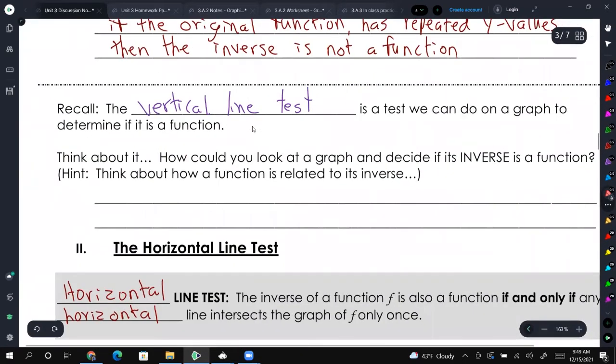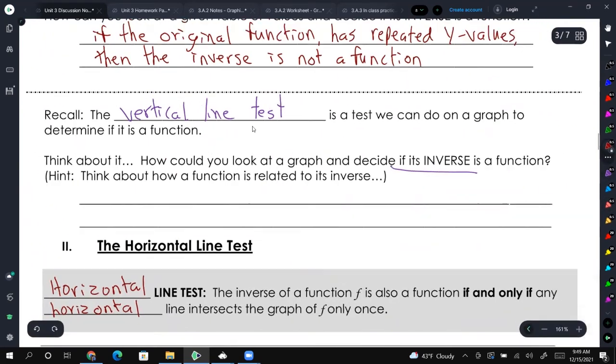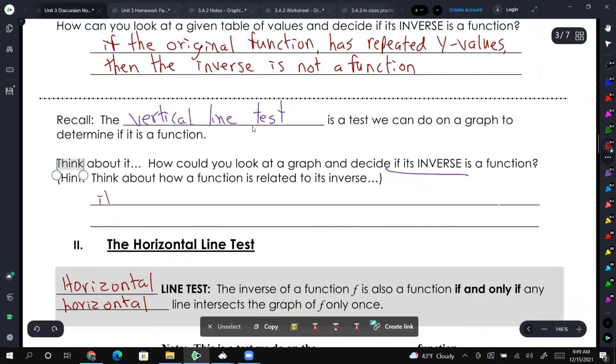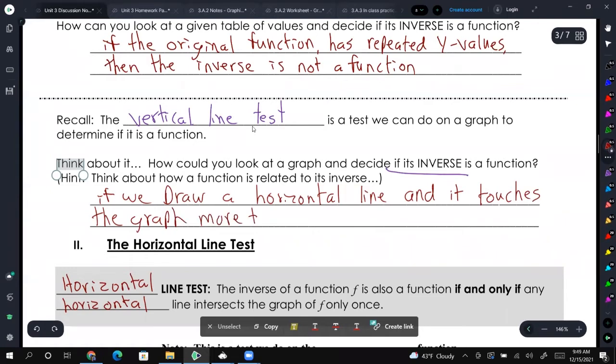So how can we look at the graph and decide if its inverse is a function? If we draw a horizontal line and it touches the graph more than once, the inverse is not a function.